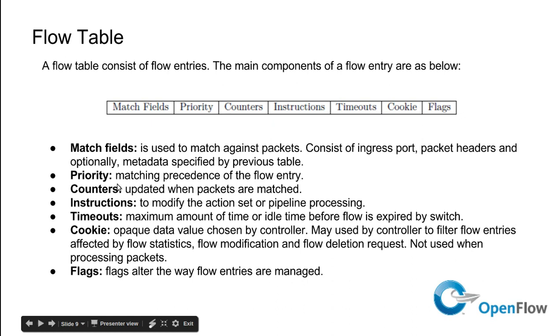We have the priority, which basically gives the matching priority of the flow entry, and we have counters, which will be updated when packets are matched.